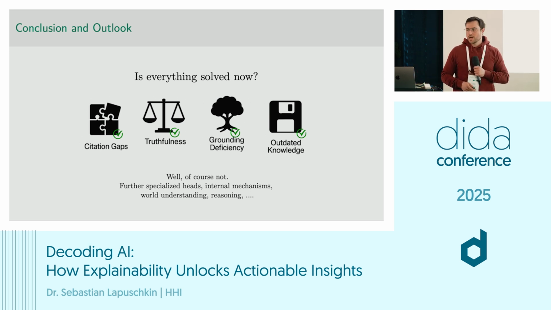For example, it looks like we are able to find heads which light up if the model is in a knowledge conflict state, right? Where it says, okay, I have conflicting knowledge between context and parameter space. And we also found, interestingly, some heads which light up if you force the model to predict something which it believes is not true, which is also quite funny.